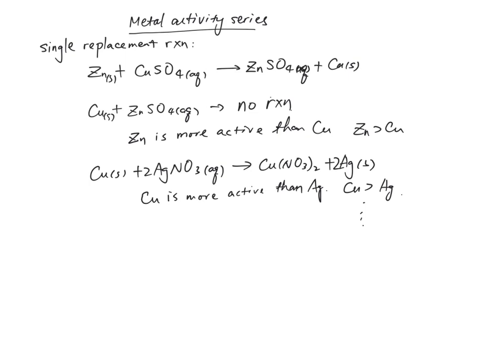Okay? So, in the end, people discover this long series of activity comparison between different metals, and it kind of goes like this. Cesium is the most active metal on the periodic table.